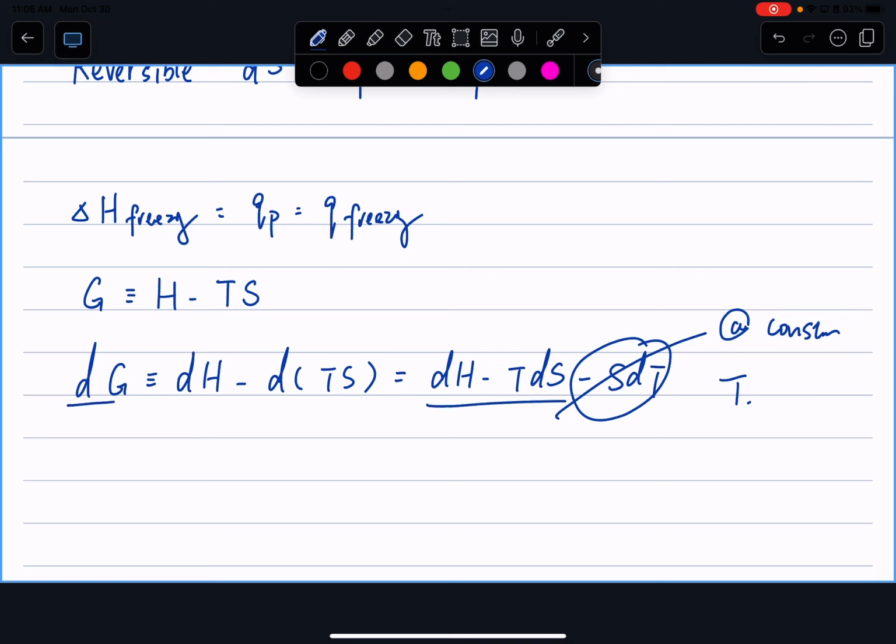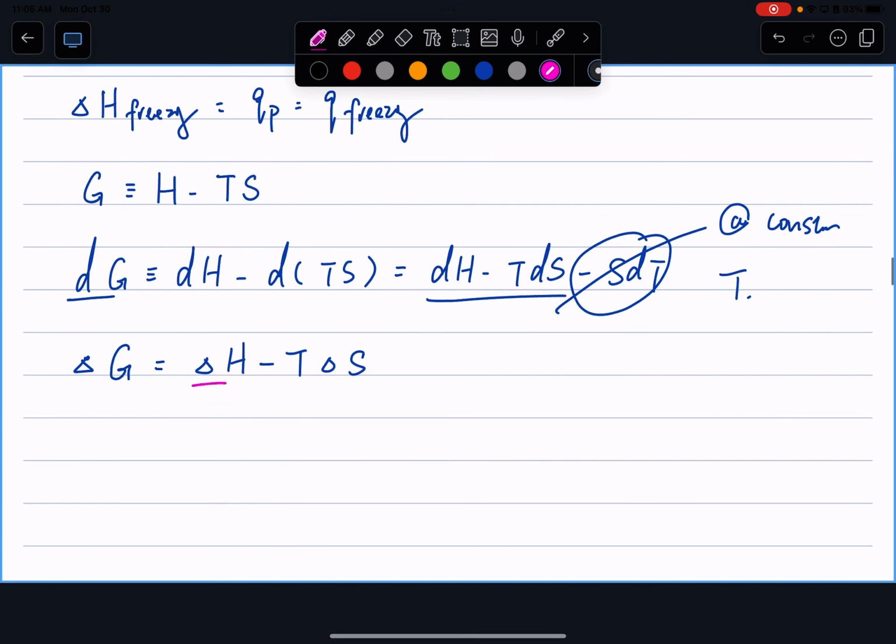You take the integral on both ends, and you get delta G equals delta H minus T delta S at constant temperature and pressure. Well, at constant temperature, but pressure will come back later. And at constant pressure, we have delta H equals Qp equals Q freezing.